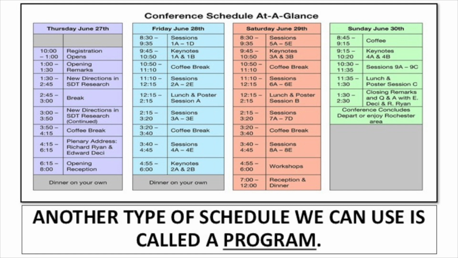So you see a timetable for Thursday, a timetable for Friday, a timetable for Saturday, and a timetable for Sunday. So the way to think of a program is a collection of timetables all put together because they're over many days. If it was just one for Thursday, that would be timetable. Because there's 4, it's a program.